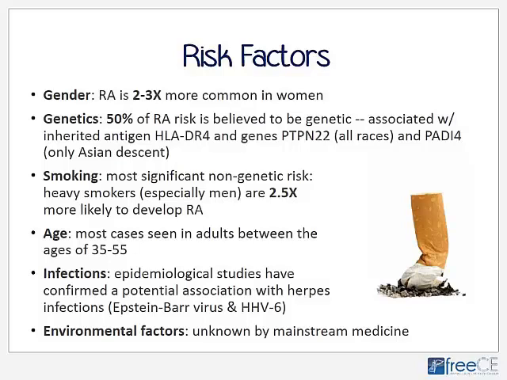Infections, particularly Epstein-Barr virus and human herpes virus 6, are associated with RA. And there are a host of environmental factors that are often mentioned, but they're largely unknown and not specified by mainstream medicine.